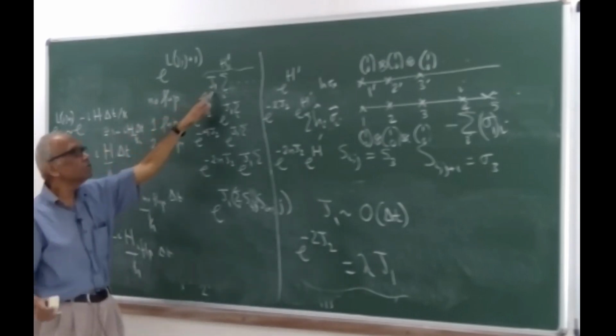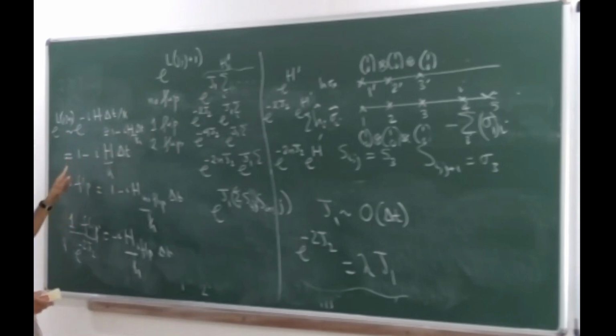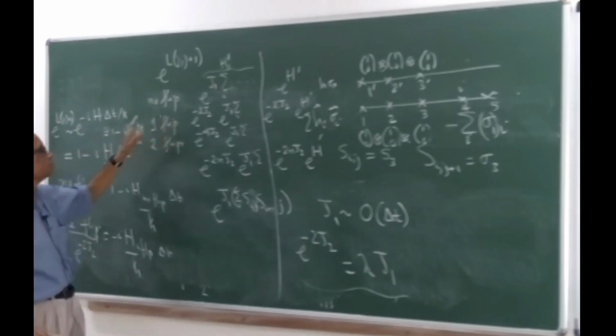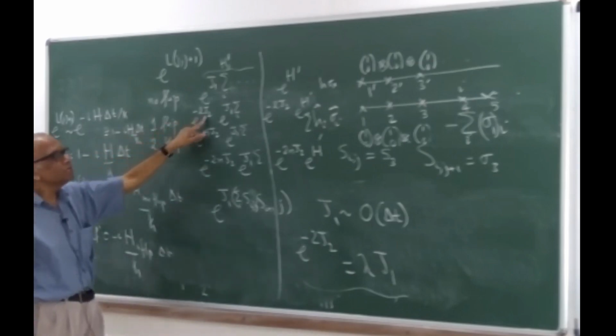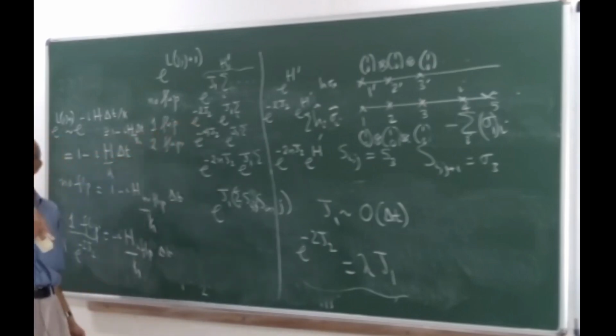Only if J1 is of order delta t can I get this structure. Therefore J1 has to be of order delta t. When J1 is of order delta t, now you look at the one flip matrix element, where this cannot contribute, and now you know one flip costs me e to the power minus 2J2, so that is of order delta t.